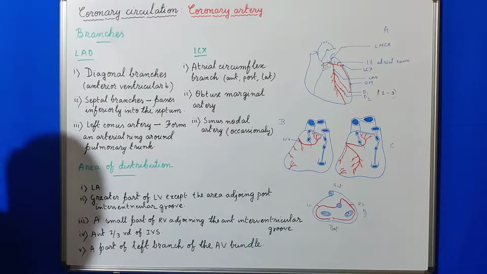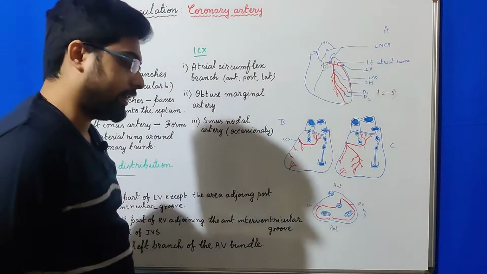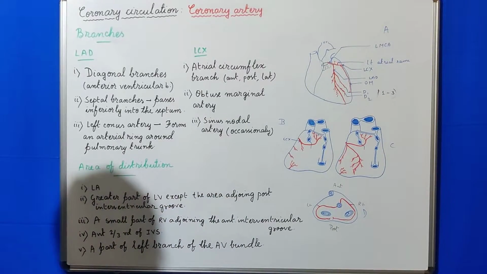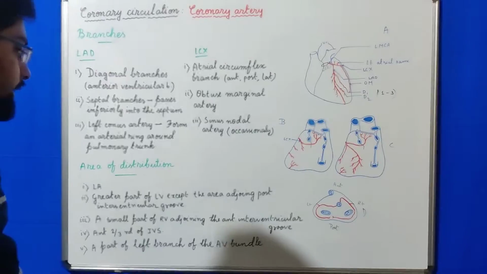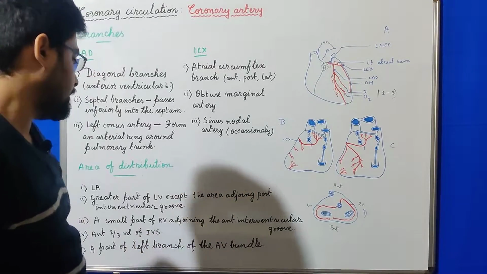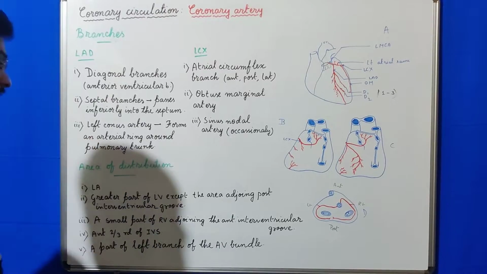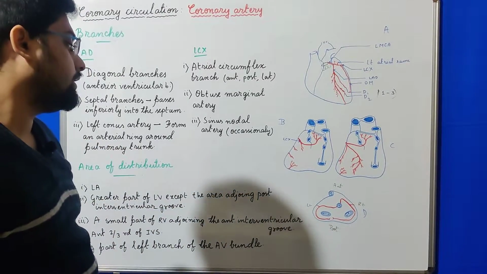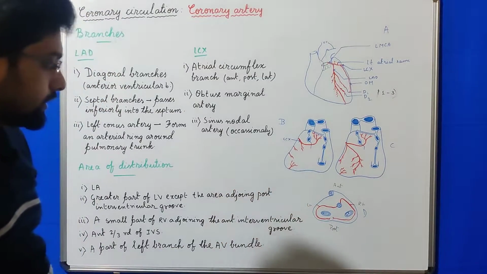Next is the area of distribution, that is the area that the left coronary artery is supplying. First is the left atrium, next the greater part of the left ventricle except the area adjoining the posterior interventricular groove, a small part of the right ventricle adjoining the anterior interventricular groove, and the anterior two thirds of the interventricular septum.